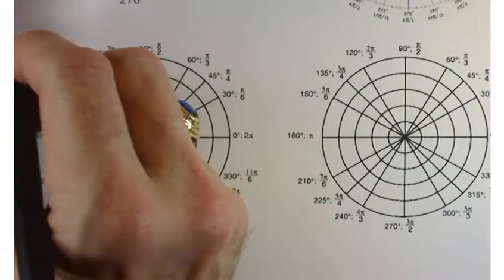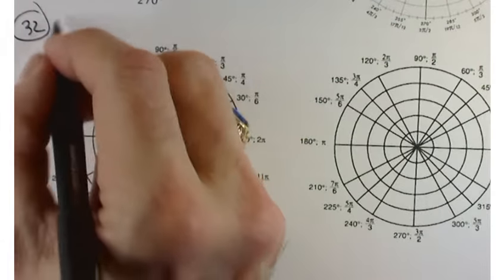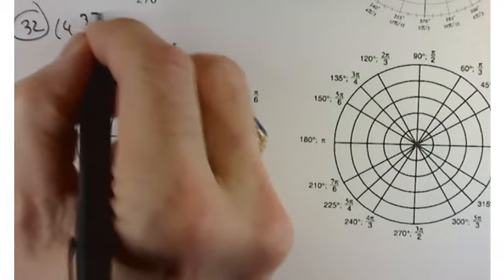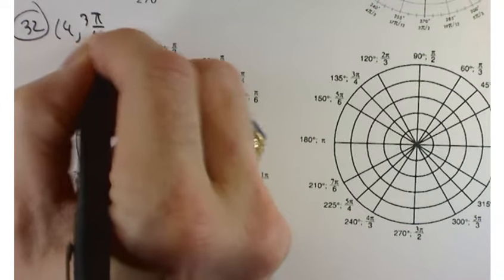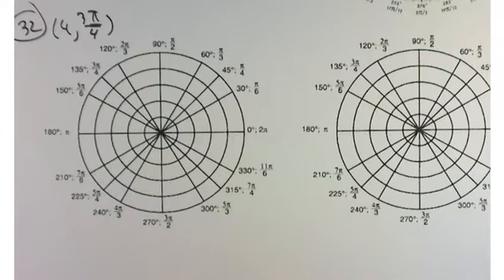So in problem 32, we're going to start with the point 4 and 3 pi over 4. So 4 and 3 pi over 4, that point is going to put us, well, I'll give you a chance to plot it.